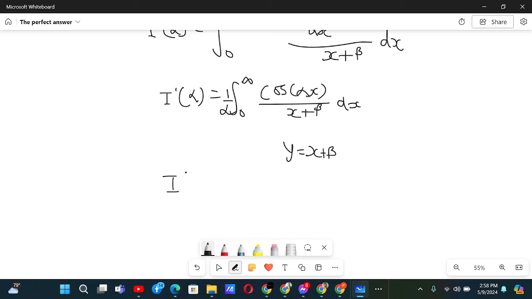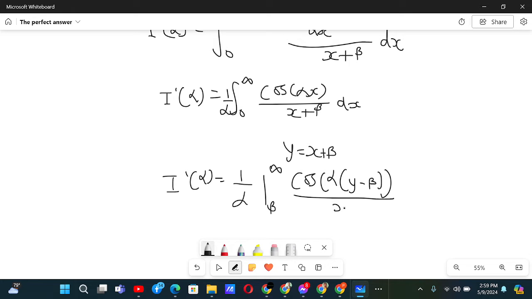And we get I dash of alpha as 1 by alpha, the integral from beta to infinity of cos of alpha times, and x is y minus beta, by x plus beta, which is just y, and then dx is just dy.